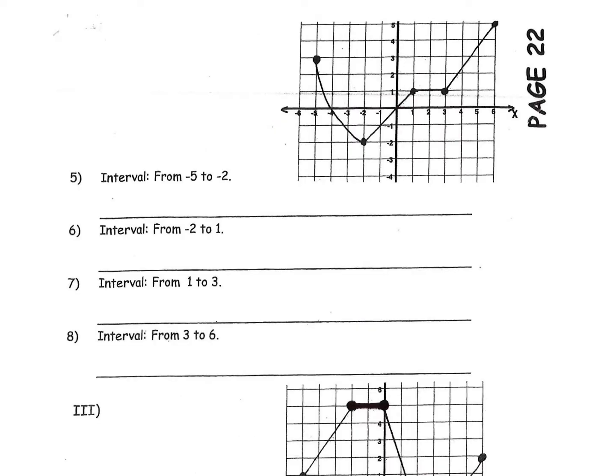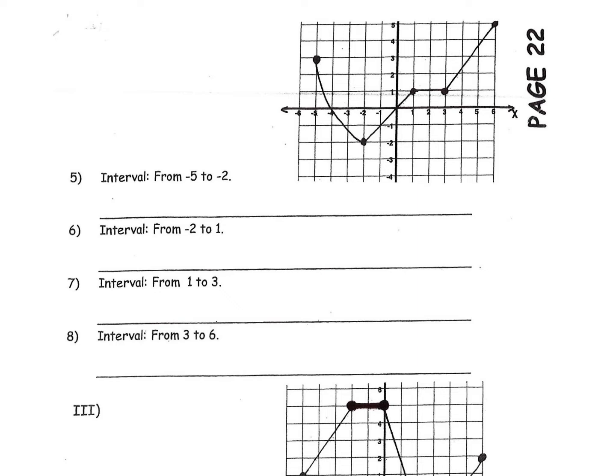Now let's take a look at questions 5 through 8. We are given the function at the right. Remember, we have to determine if it's increasing, decreasing, or staying the same. And secondly, whether it's linear or nonlinear.